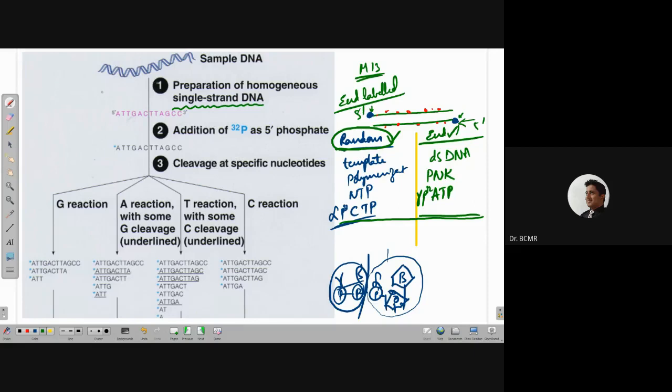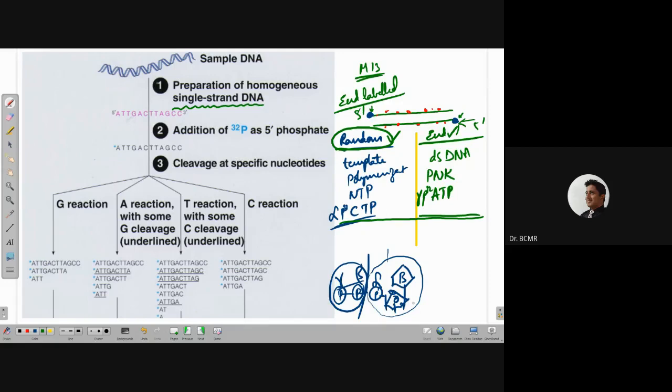So if you are doing Southern blotting, for example, out of large amounts of DNA, a small proportion of it would be the gene of interest, and you're trying to detect it. A probe should hybridize, and the probability of finding it becomes difficult.